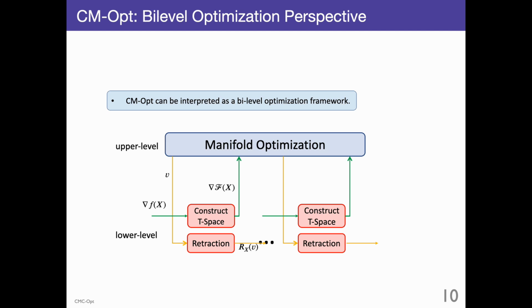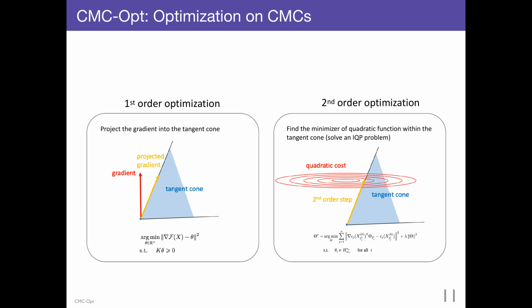Because you have a sparse factor graph, and the sparsity is preserved with the manifold variables, we can do the retraction in parallel and very quickly, right? The retraction itself, you can do in a first-order way or in a second-order way. So this is basically a projected gradient, or you can do a second-order Levenberg-Marquardt style for each of these manifold variables. So that's the bi-level step.